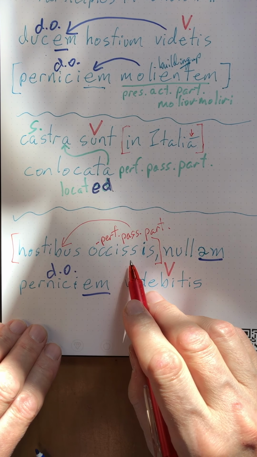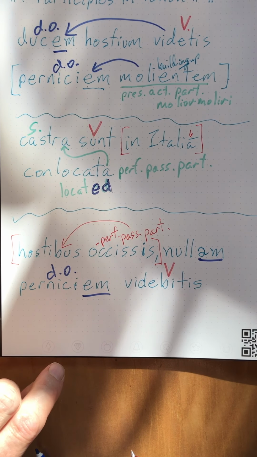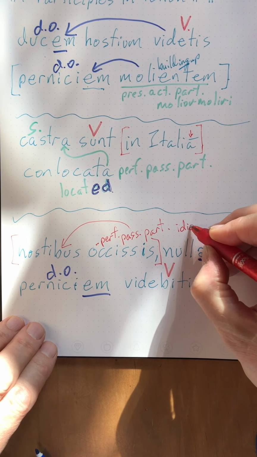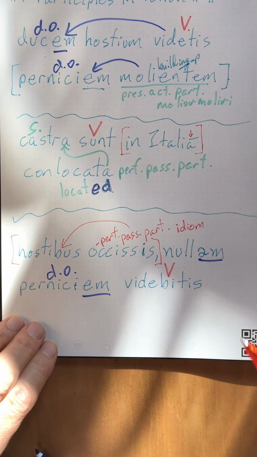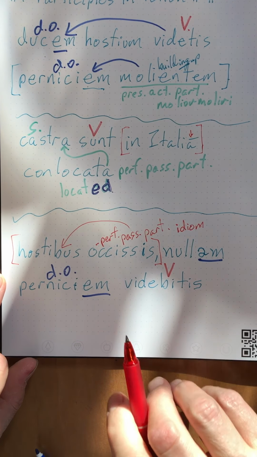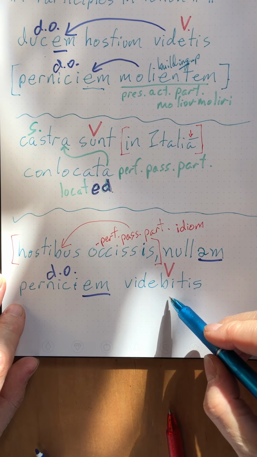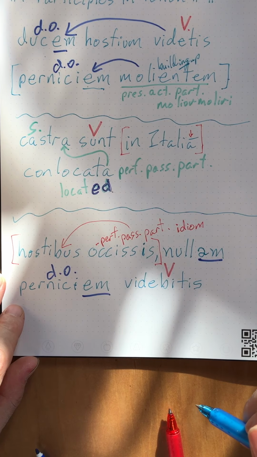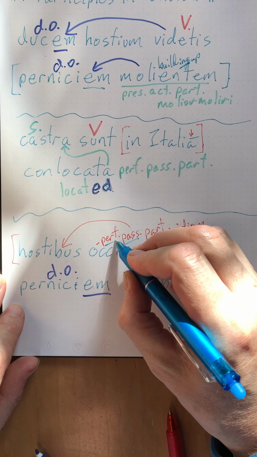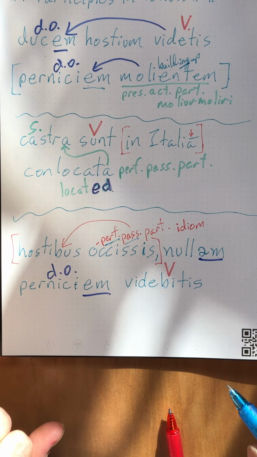The enemy having been killed sounds bad the way I just translated it. That's the literal translation, but we're always looking for the proper idiom, right? What is the right idiom for English? So instead of saying that, let's say this. Once the enemy were killed, you will see no danger. Sounds much better. Still gets the idea of the passive. Still gets the idea of the perfect because it's past action. Yeah, so you can translate it that way.